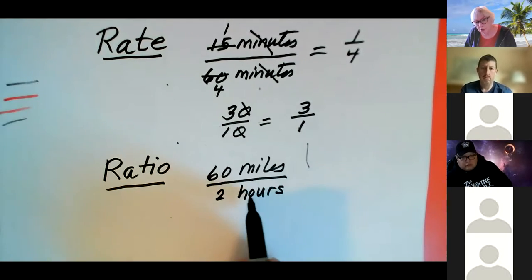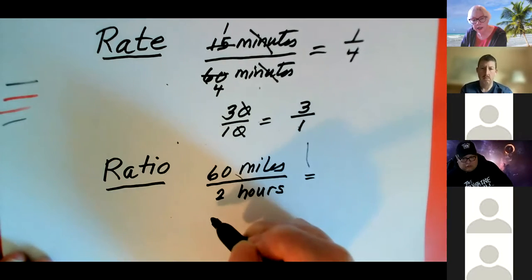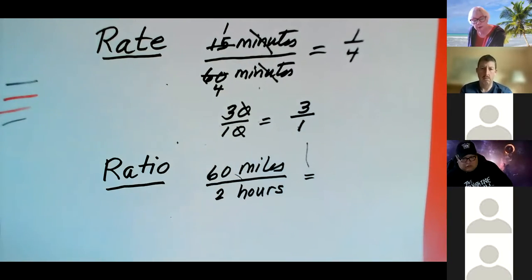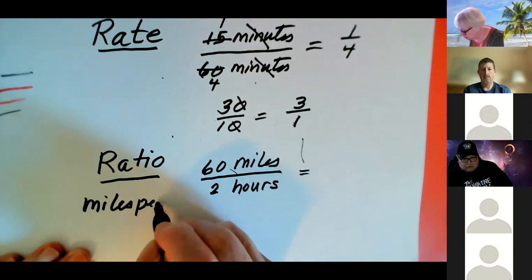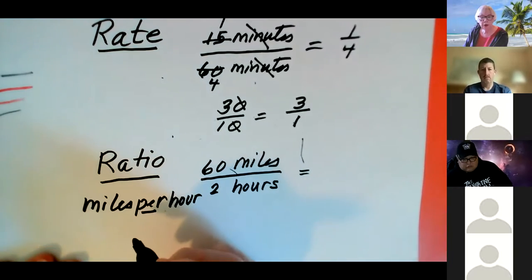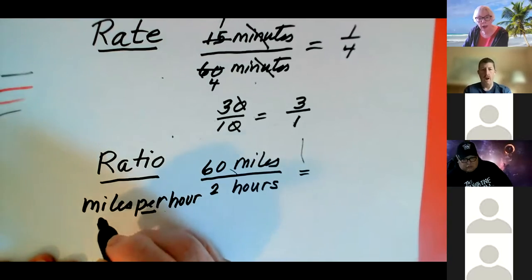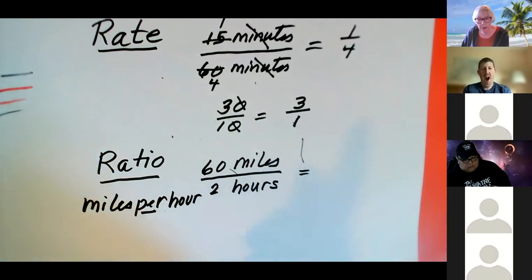But you can reduce this. And so in this particular case, if they asked for the ratio in miles per hour, remember this was the instruction, miles per hour. The word per is divide. That means miles is on top, hours is on bottom if you have to make a decision about it.